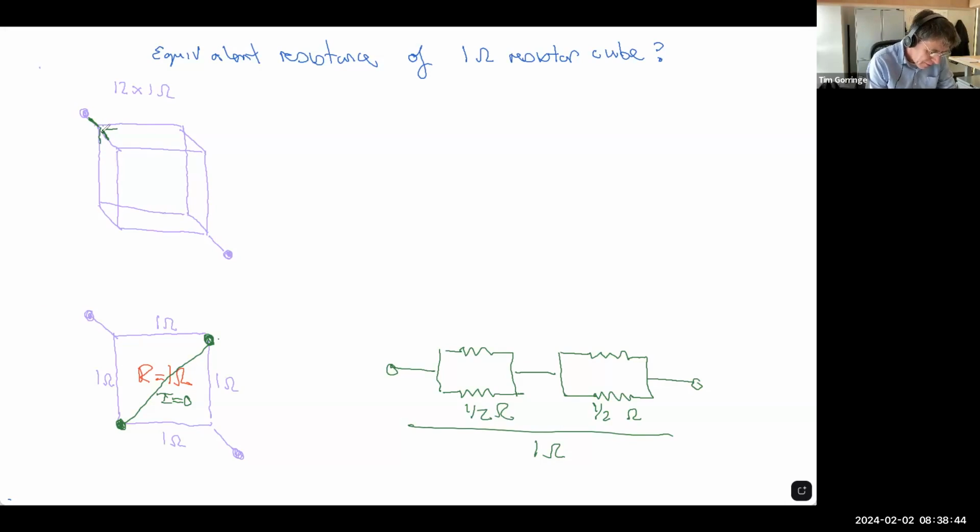Now, that splits into three, because the resistors are all the same: 1/3 goes down, 1/3 goes right, and 1/3 comes out of the whiteboard.